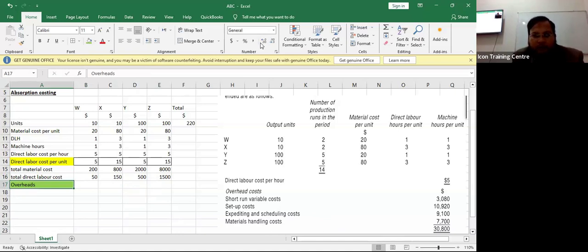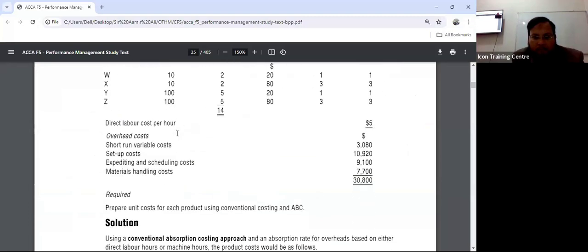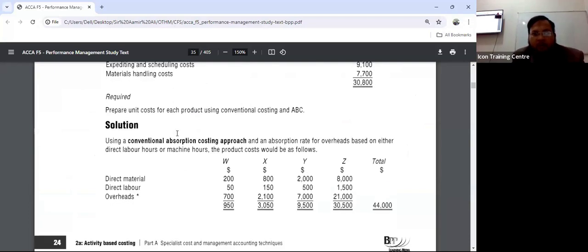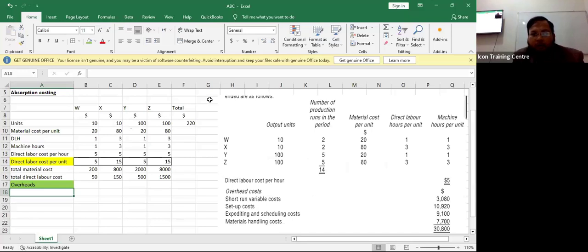Or if we just check the question again, it says, using conventional absorption costing, we use either direct labor hours or machine hours. So we can take any one. He has given us the choice. So we need to find out the overhead rate here, right?